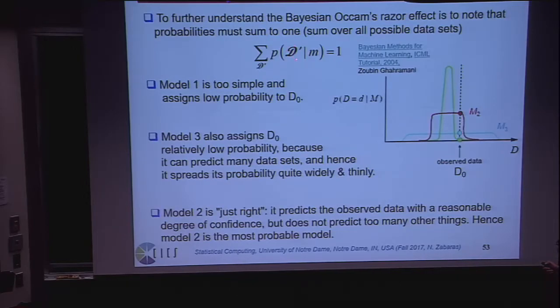So we are looking for a given model M, right? And we said that the model evidence, or the marginal likelihood, is what is going to help us select the proper model. So if I have a model M, the model M is going to try to explain different data sets that may come in the picture.